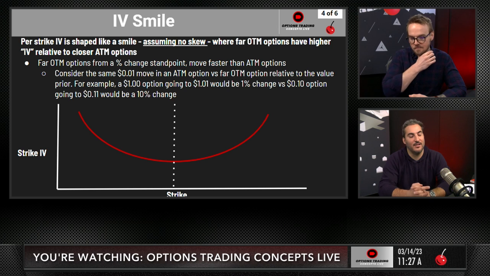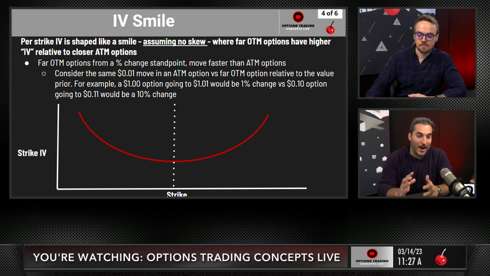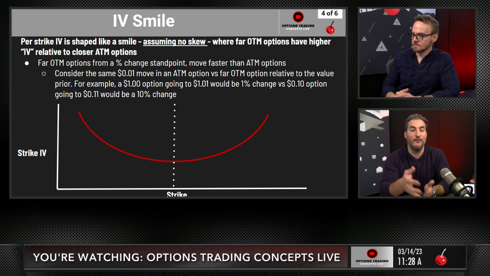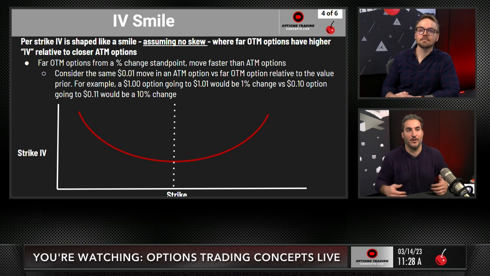So a lot of people wonder why we don't really look at IV per strike, and this will kind of explain why. Implied volatility exists as well for each option strike, and per strike implied volatility is shaped like a smile for the most part, if you're looking at a stock that has no skew. Now, most stocks do have some sort of skew.